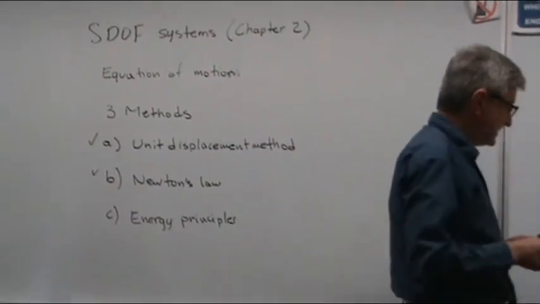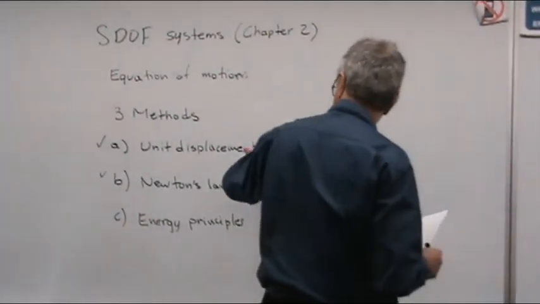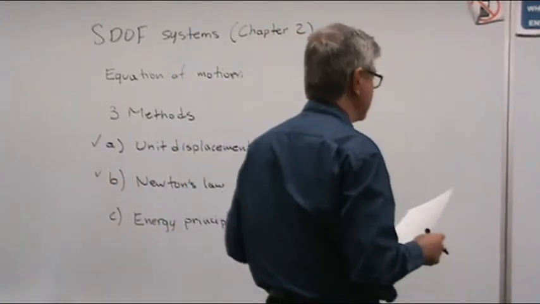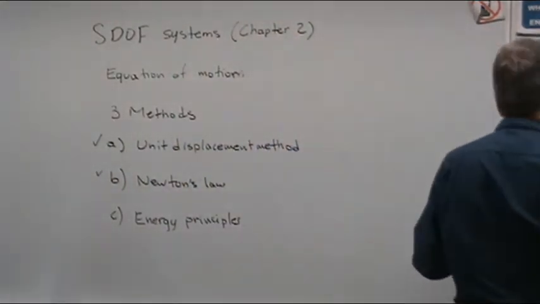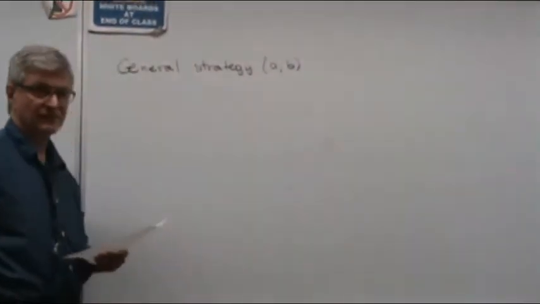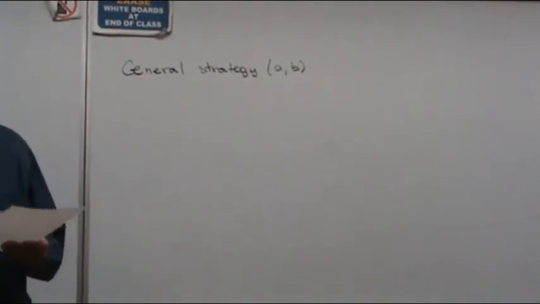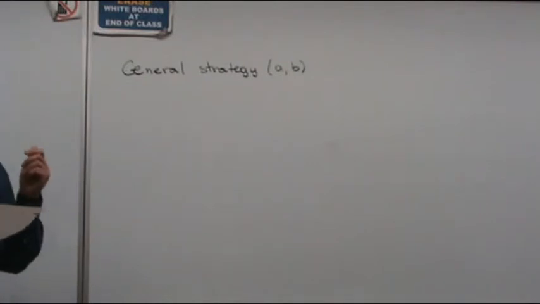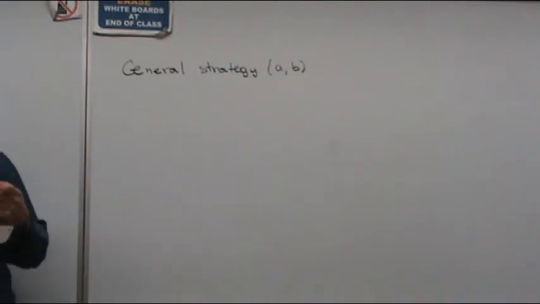Okay, the first step, and this applies to both methods A and B, what is the first step? The first step is to define first the degree of freedom. Now, if you have one degree of freedom, it may be obvious what you should use, but it may not. It might be that there are two or more choices of degree of freedom.